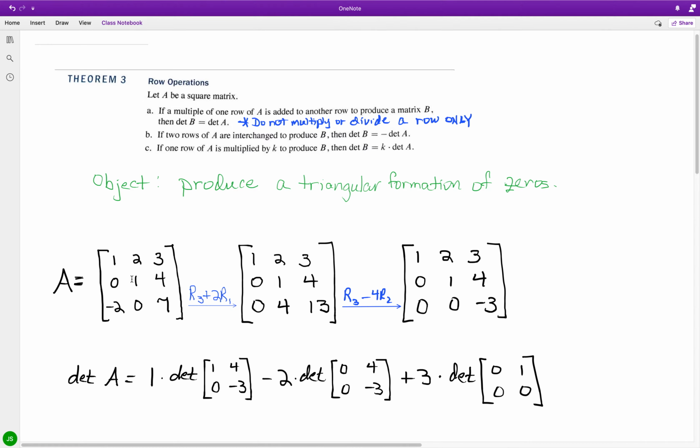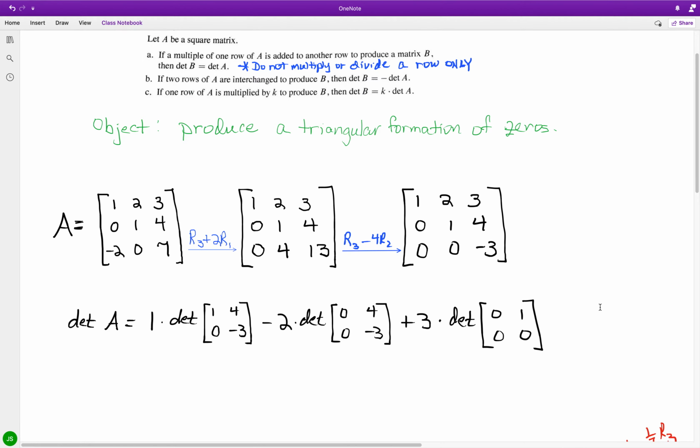Upon converting this matrix A into echelon form, where we have the triangular formation of zeros, I can go through the process where we have 1 times the determinant of, covering up the same row and the same column values, the exposed 1, 4, 0, negative 3.